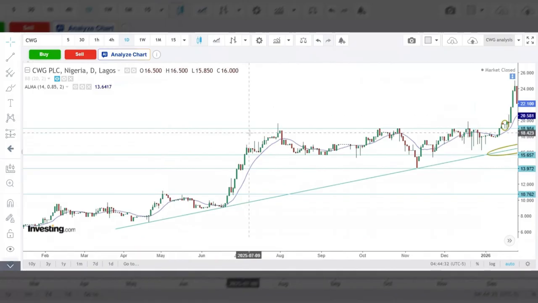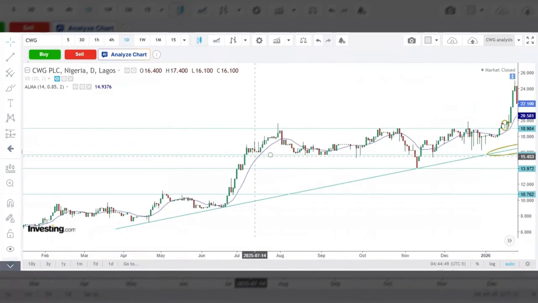Okay, so as I said, I bought it on the 14th of July 2025. As you can see where my cursor is, that is where my arrow is. That is where I bought the stock.